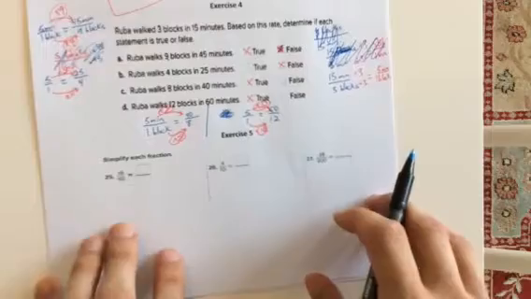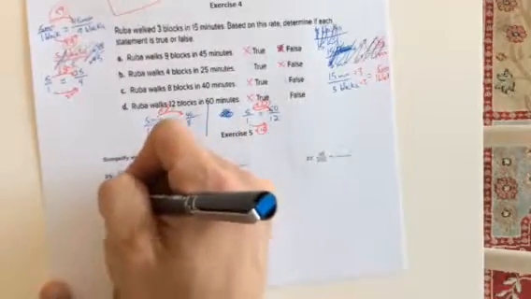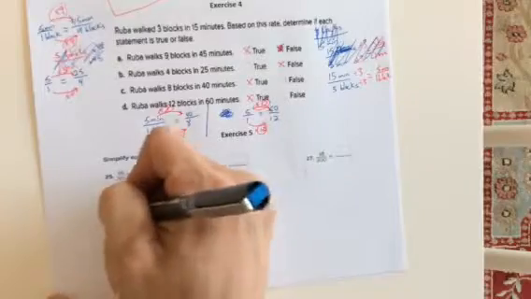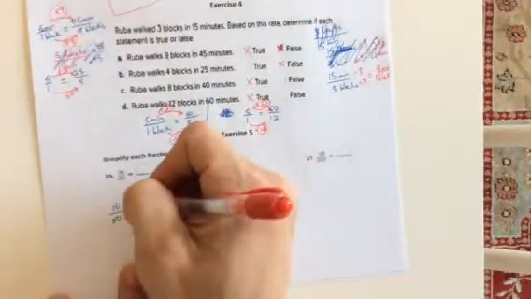All right, next one. Simplify each fraction. So 16 divided by 80. To simplify, you're just wanting to divide both of these numbers by the greatest common factor. I'll show you another way of doing it also. This is even easier sometimes if you don't know what the greatest common factor is.